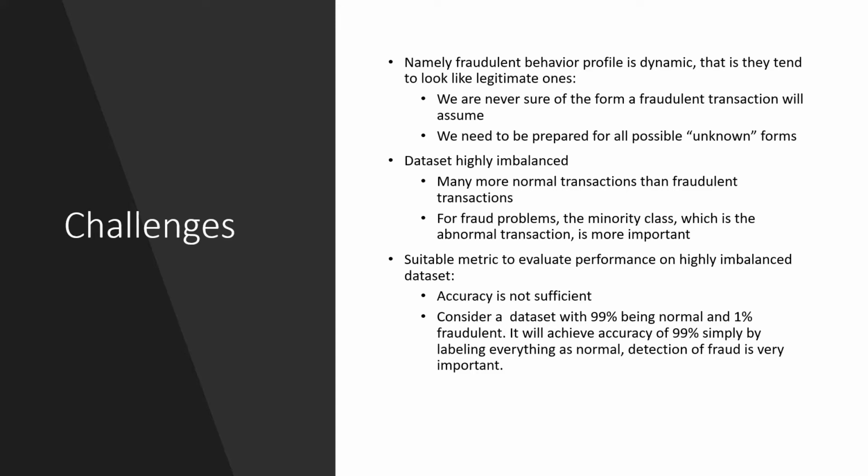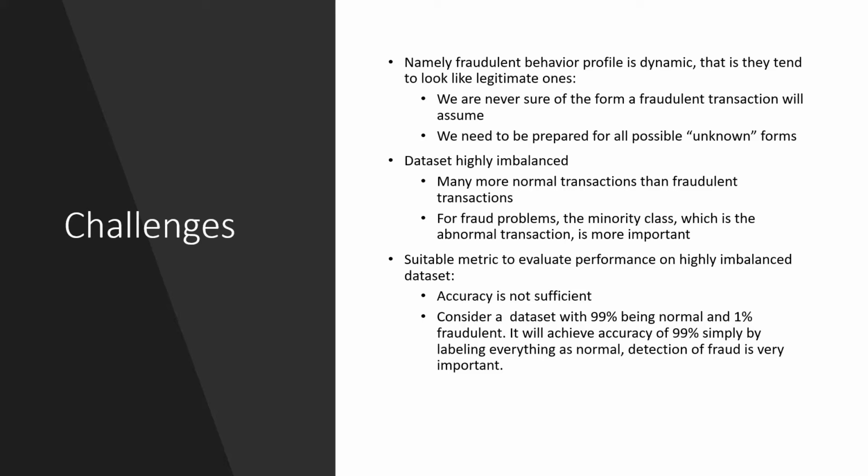So obviously this is a challenge in which maybe we learn how the fraudulent transaction looked before, but they may make it better in a way that is hard for us to detect. That's why we need to be prepared for all possible unknown forms, and this is very useful for AI, in which it can adapt to different kinds of attacks.